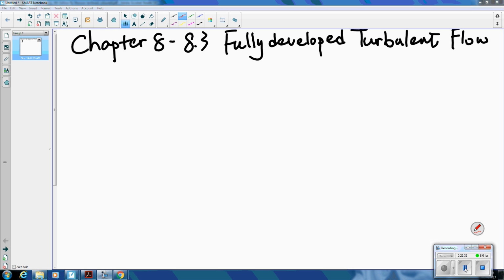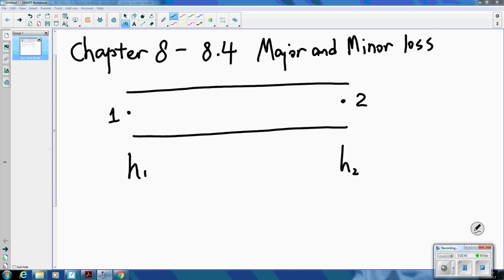So let's talk about Bernoulli again and how the energy terms are involved in the pipe flow. Alright, so in section 8.4, let's talk about head loss in pipe flow.